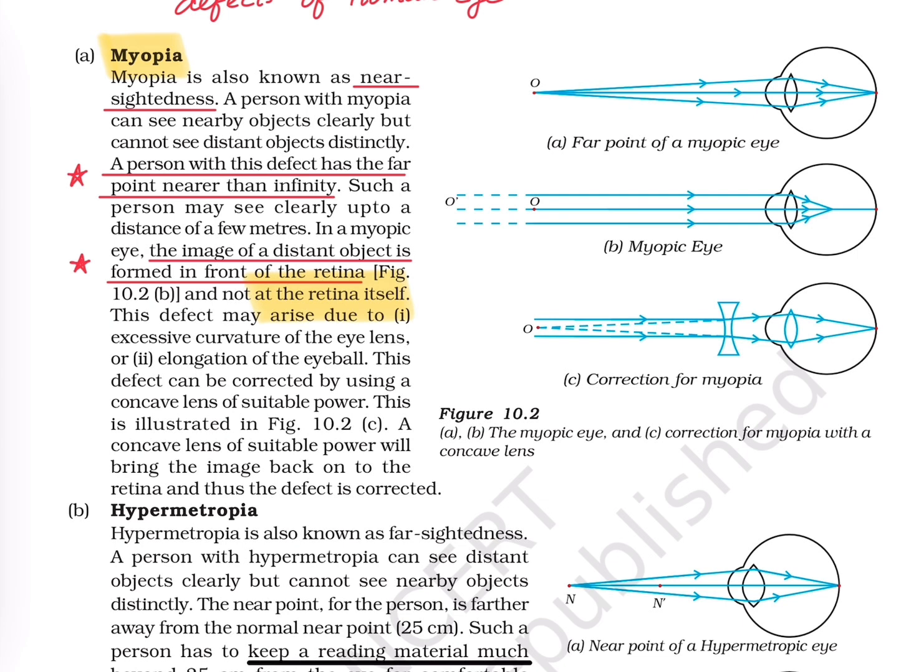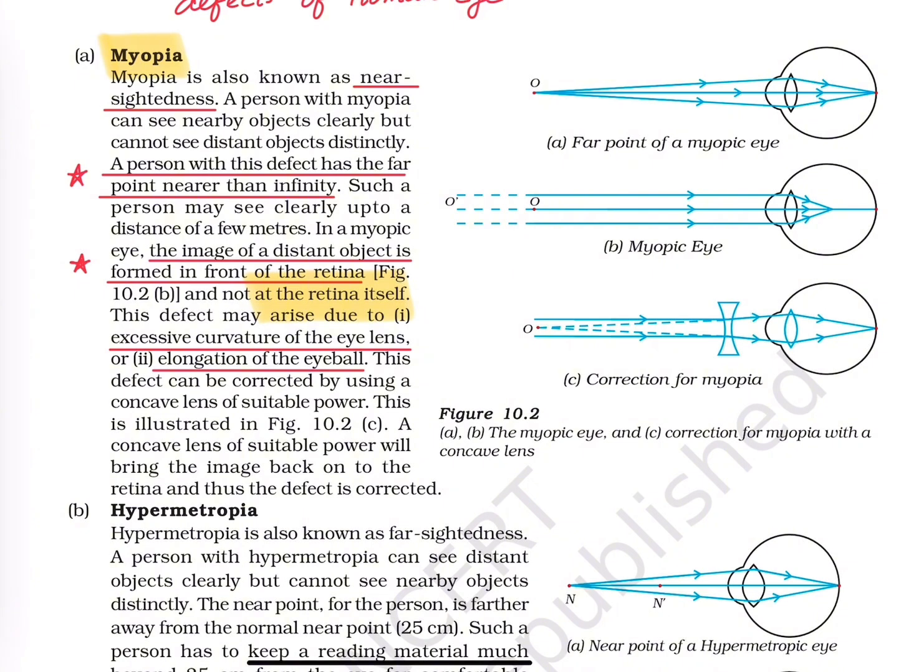Now there are two reasons because of which this defect arises. The first reason is excessive curvature of the eye lens, and the second reason is elongation of the eyeball.